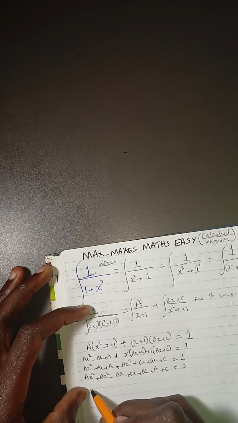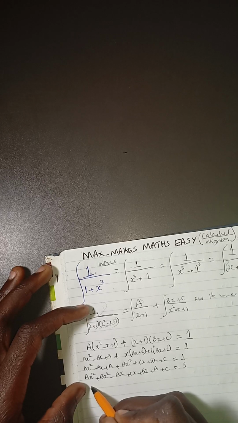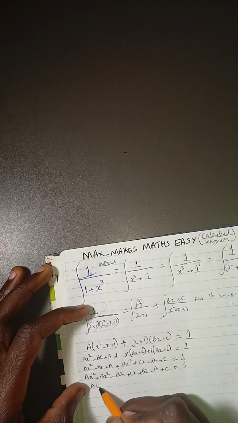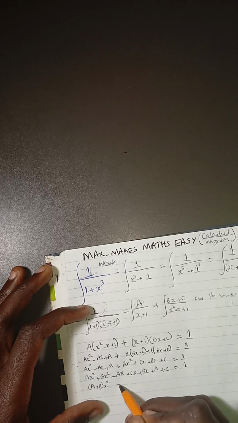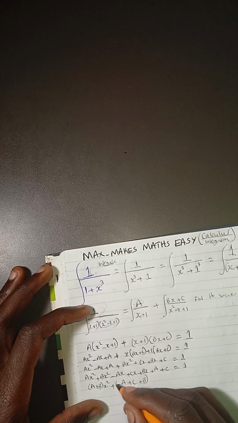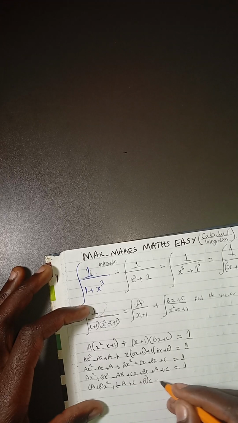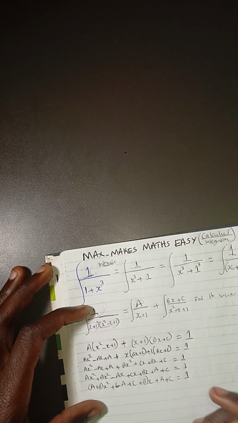So it will be a plus b, x squared, plus minus a plus c plus b, x, then plus a plus c is equal to 1.